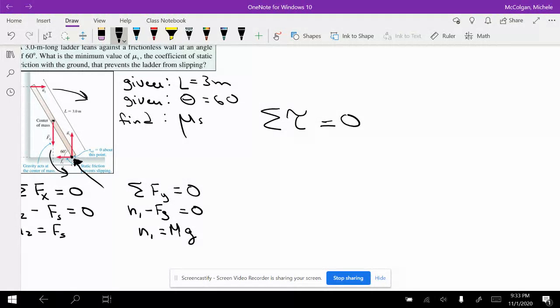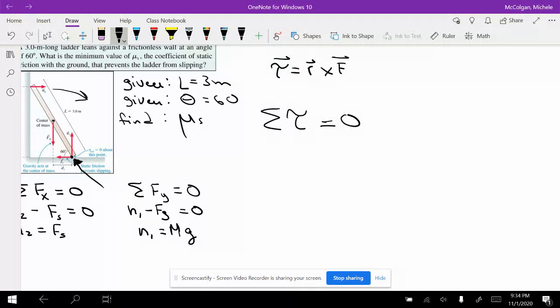Remember that torque is equal to R cross F. They show us here in the picture that they label something D, that D1, and so I'm going to use that. It's giving me a good hint.